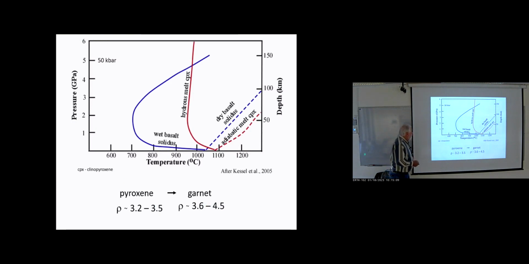And a paper by Onit Kessel and her co-workers shows the effect of water in the mantle, considering the melt of basalt and the clinopyroxene. And we see that the dry material, the boundary of the solidus, the temperature of the dry material increases with pressure, but when the material is wet, there's a huge drop in the solidus until it goes up again.